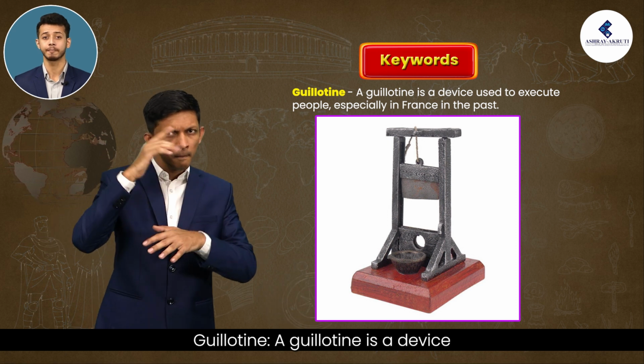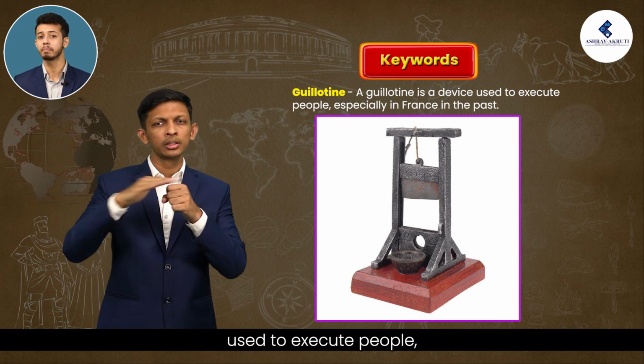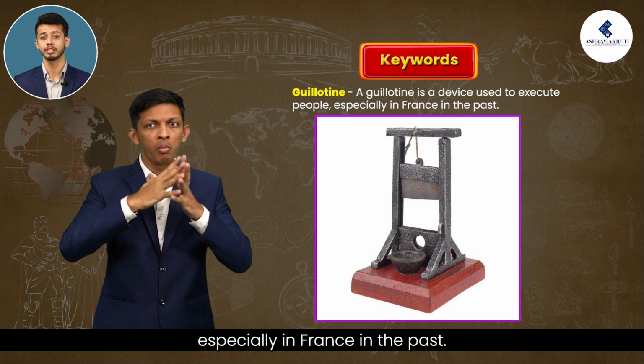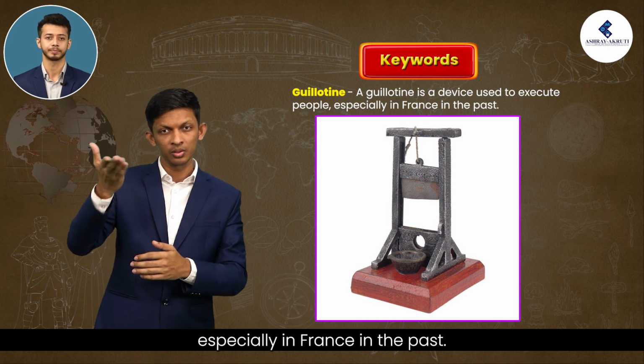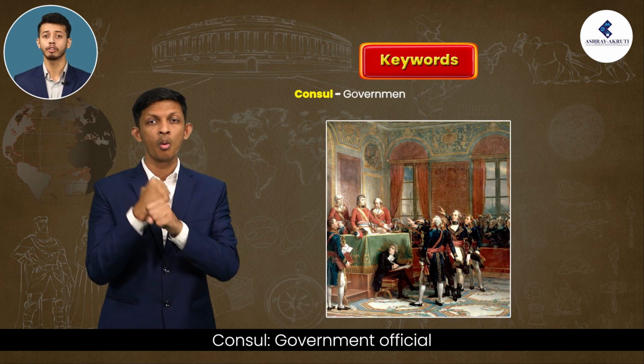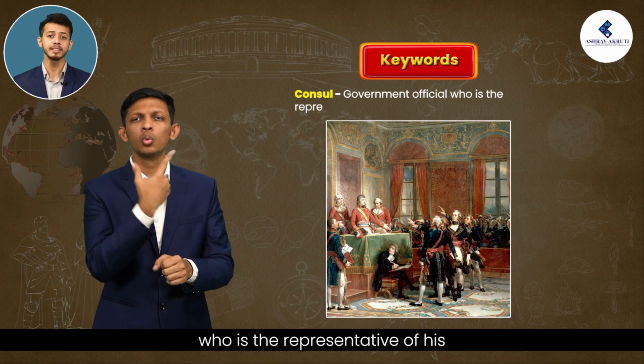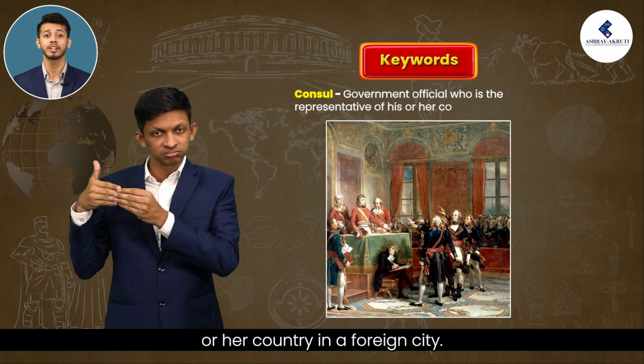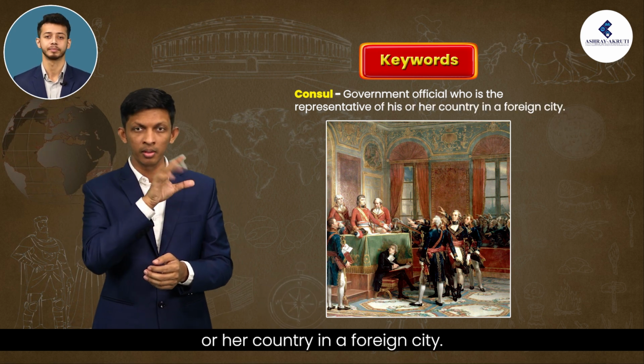Guillotine: a device used to execute people, especially in France, in the past. Consul: a government official who is a representative of his or her country in a foreign city.